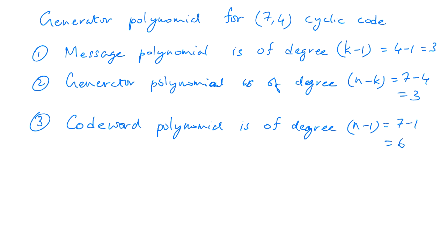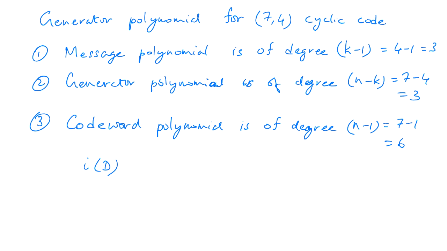Now how do we produce the code word? We will take the message polynomial, the information bits, which are 4 bits long, and represent that as a polynomial.